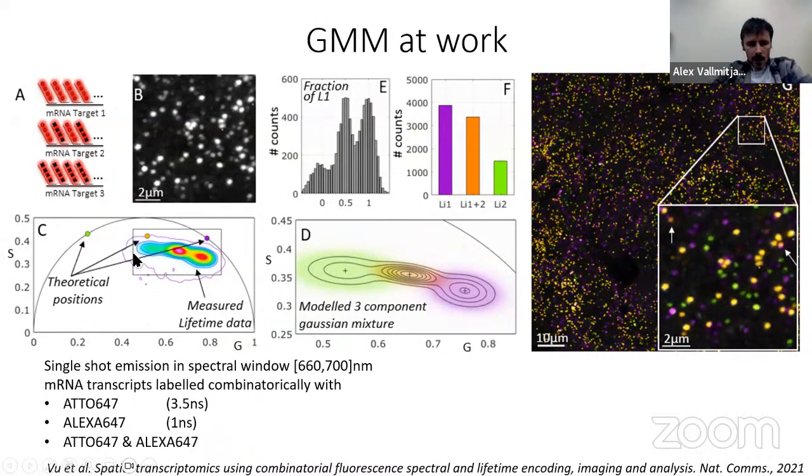What you expect to find is the pure location on the phasor plot for one fluorophore, the pure location for the other, and the one that has exactly 50% of each in the middle. The real data showed up as these 3 clusters, which, as you see, the Gaussian mixture model resolves, and you can go back to the original image and locate each one of these transcripts. So here it is, I was wrong before: ATTO 647, lifetime of 3.5 nanoseconds.